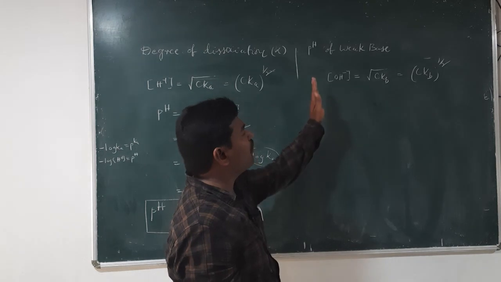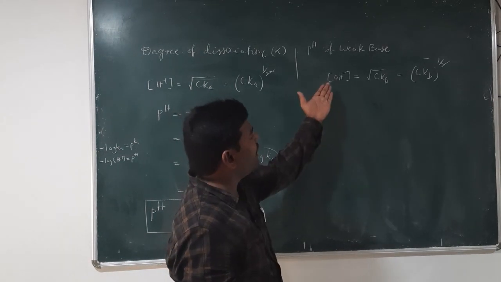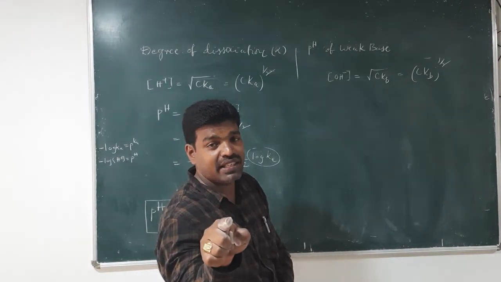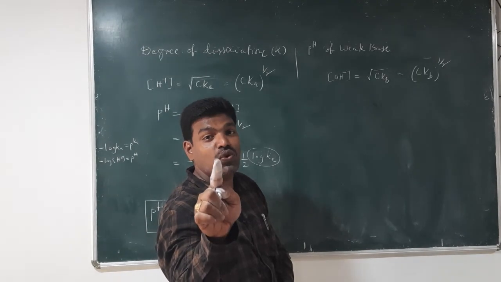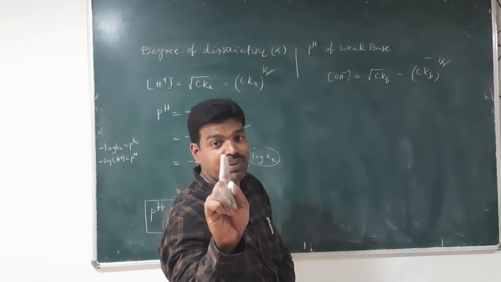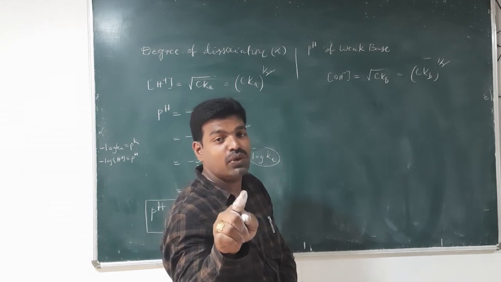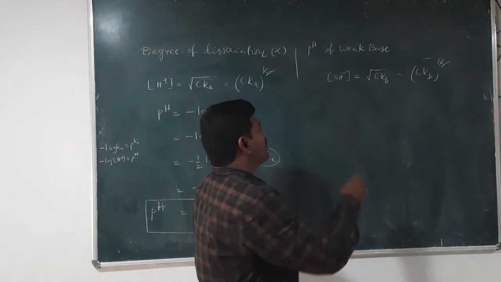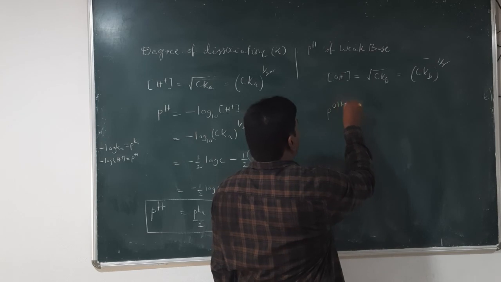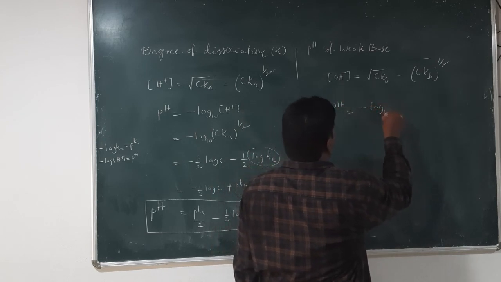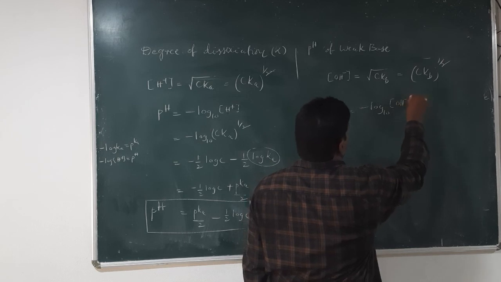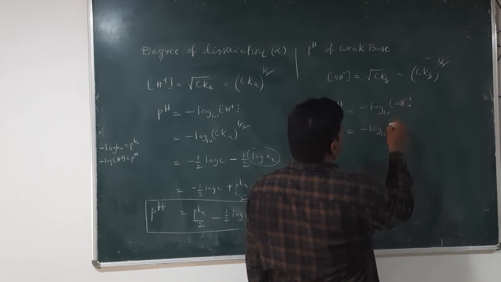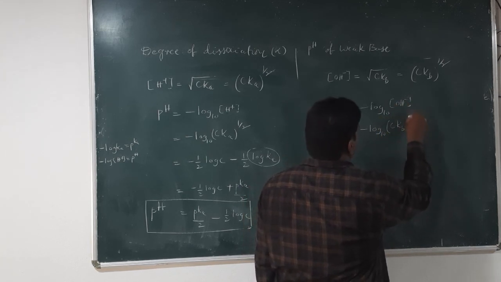In the case of a weak base, we finally get the concentration of OH minus ions. When we know the concentration of OH minus ions, we can calculate only the pOH. We cannot calculate the pH directly. First we shall calculate the pOH of the weak base, then we can calculate the pH. So pOH is the negative logarithm to the base 10 of the concentration of OH minus ions, which is (CKb) whole power 1 by 2.